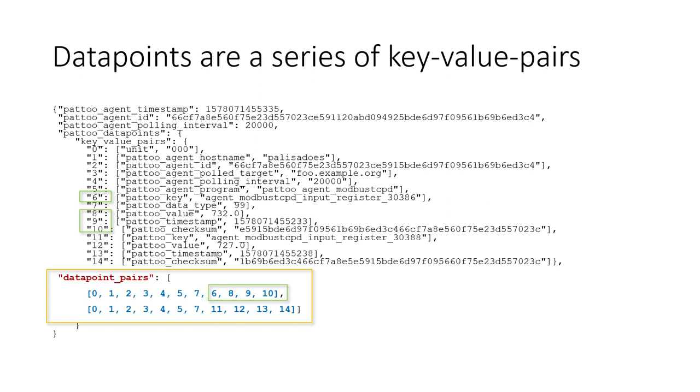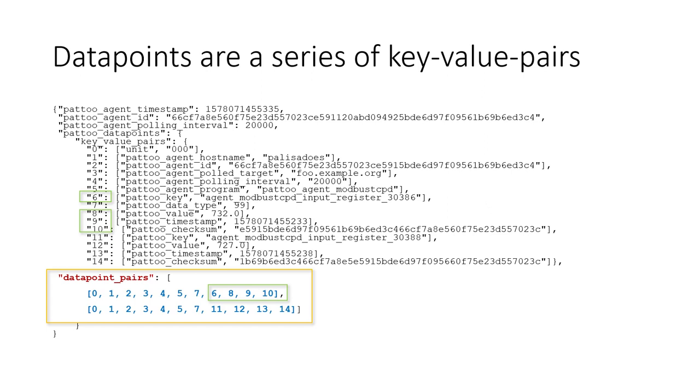And so what we also have here is the timestamp. If you look at number 9, that is the time at which the data was received. And so when the agent sends this information, the Pattoo API extracts the key, it extracts the value, and then it also extracts that Pattoo timestamp and says this value was pulled at this particular timestamp value, and then that is what is used to get the y and x axes on the charts, and then the Pattoo key is what is then used as the labels for the charts.